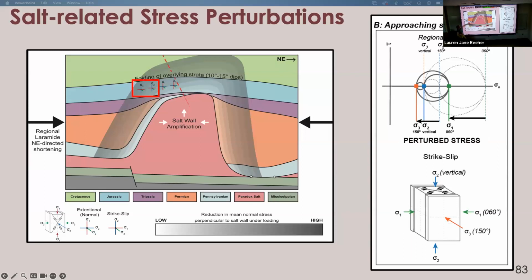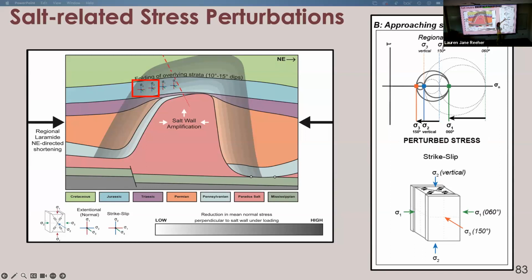When we get closer to the salt wall, far field sigma 1 is reduced, but it still remains locally sigma 1. Far field sigma 2 is also reduced, but a little bit less in magnitude than sigma 1, because really the salt is responding to that far field sigma 1 most.